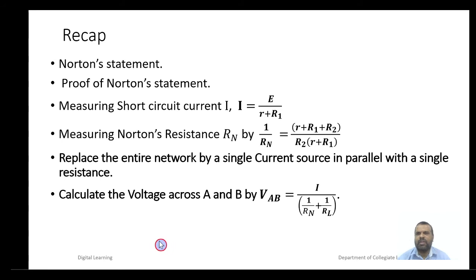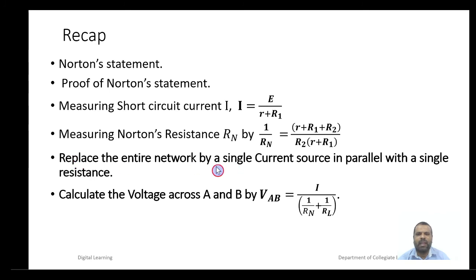Now, in this session, we have learned the Norton's theorem, Norton's statement, proof of Norton's statement, measuring short circuit current I is equal to E divided by R plus R1, measuring Norton's resistance Rn by 1 by Rn is equal to R plus R1 plus R2 divided by R2 into bracket small r plus R1.